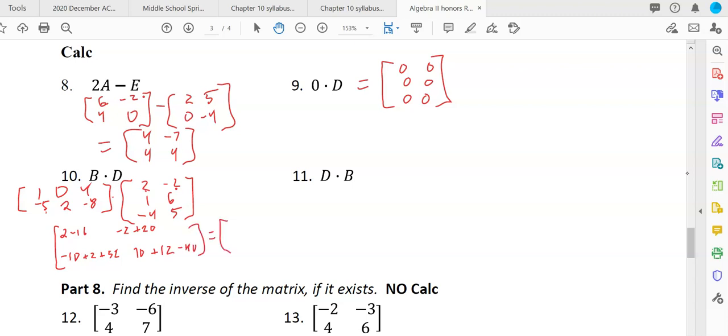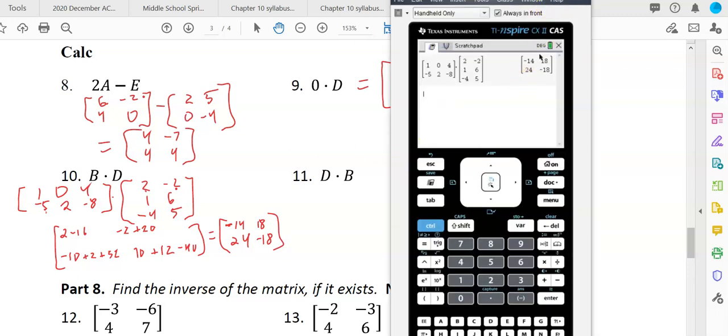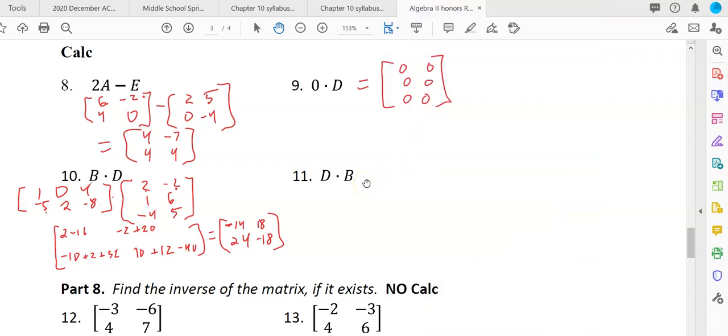So we get negative 14, 18. So 22 plus 2 is 24. And 22 minus 40 is negative 18. So just to check I got that right, I did check it in the calculator. I just want to make sure I answered these right. Some of these are obvious, but that one sometimes it's nice to be able to check.